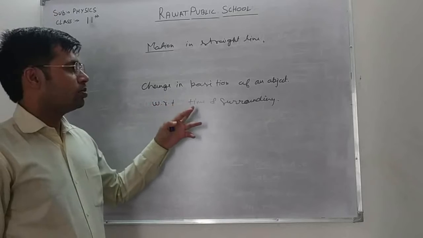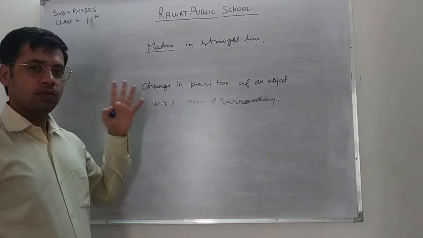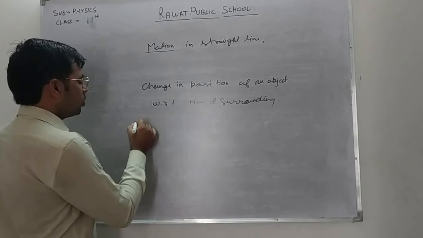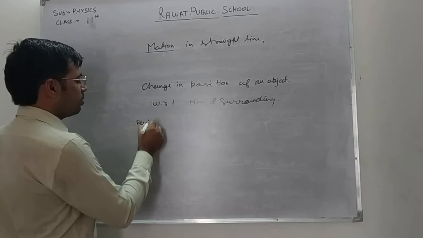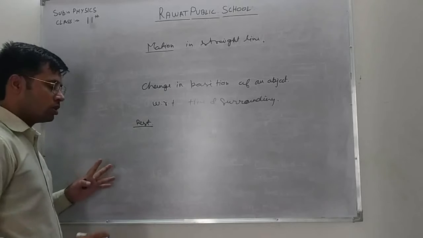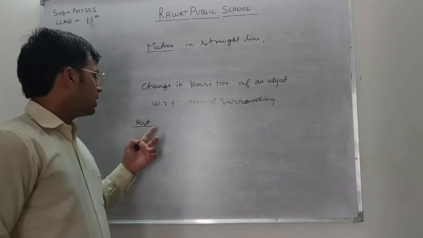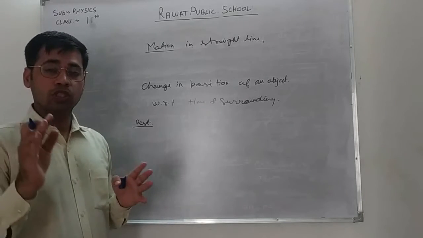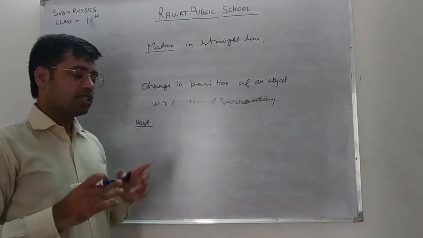Change in the position of the object with respect to time and surrounding is motion. So it is a state, and the state can be of two types. It can be rest or it can be motion. Object is at rest means the object is not changing its position with respect to time and surrounding.